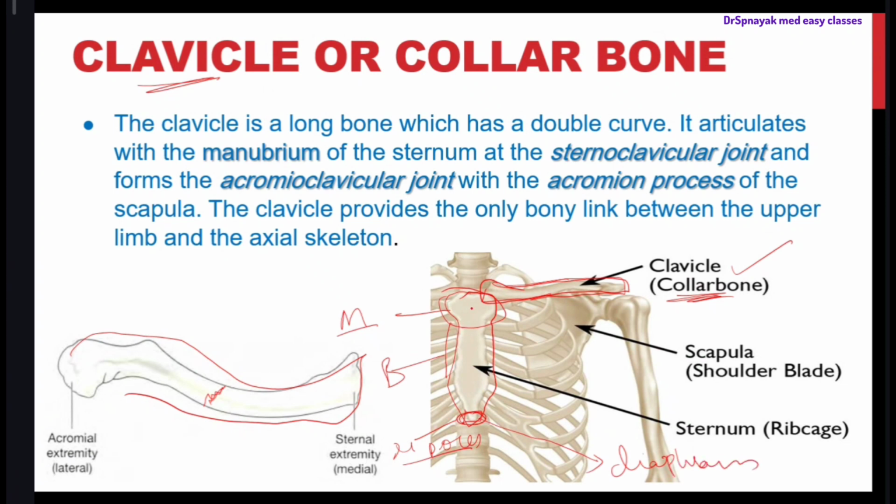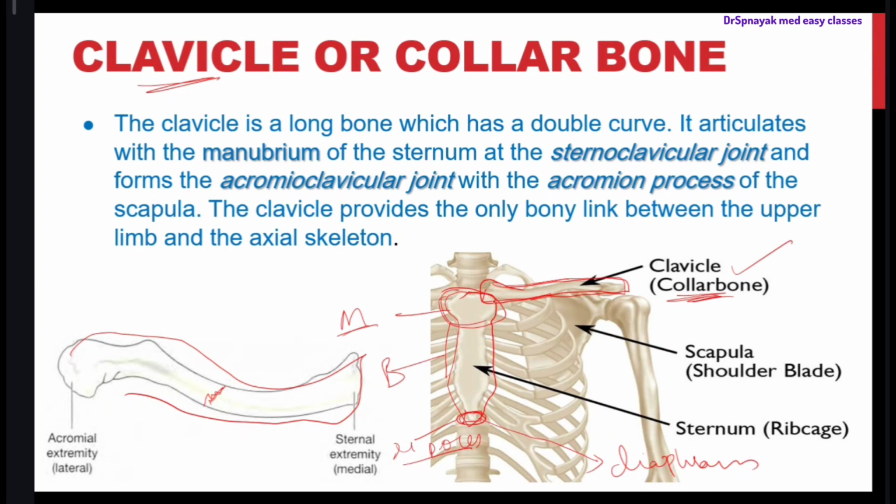This is the strongest bone present in the anterior part of our body. This is called sternum. In sternum we have three main regions: the head of sternum is called manubrium, then body, and tail, or xiphoid process.